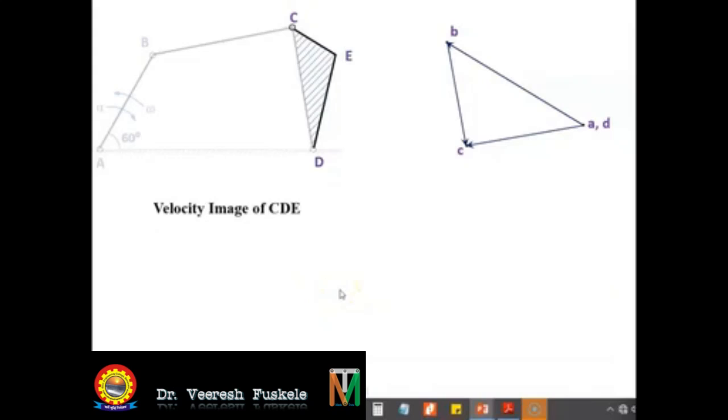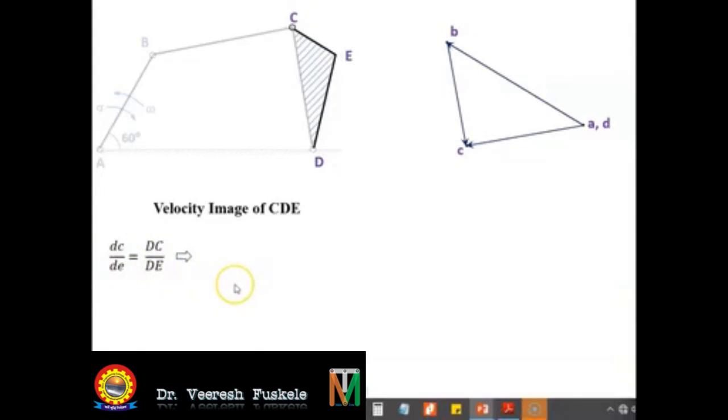So we will be utilizing the properties of similar triangles, like the ratio of the sides in both the triangles will be equal. So the ratio of the side in the velocity triangle, that is DC and DE, will be equal to the ratio of the length of the link in the configuration diagram, DC and DE, like this. The ratio of the length in the velocity diagram will be DC upon DE, and this will be equal to the ratio of the length of the links DC and DE.